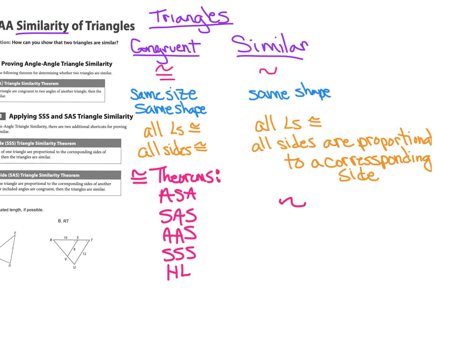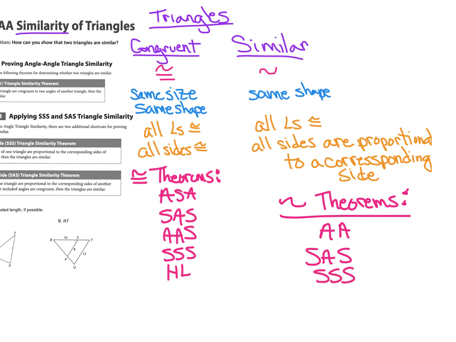Similar theorems are angle, angle, angle, but we don't need to write the third angle. Side, angle, side, and side, side, side. So it means the two sides are proportional to another two sides in the other triangle. And we'll look at some of those.